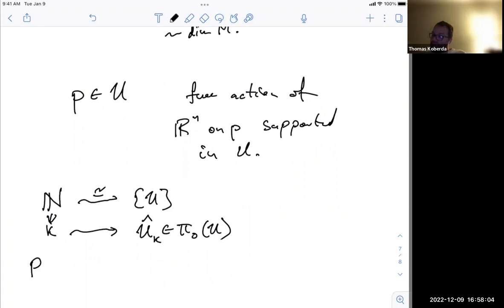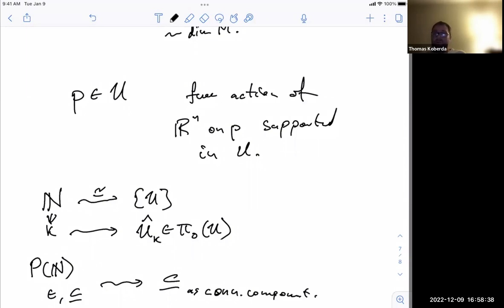Then inside of P of N, the power set of N, the element of relation and the is a subset of relation are interpreted simply as contained in as a connected component, inside of this particular regular open set U, which represents some interpretation of N. Because you can talk about this particular subset of this regular open set consisting of components of this larger one.